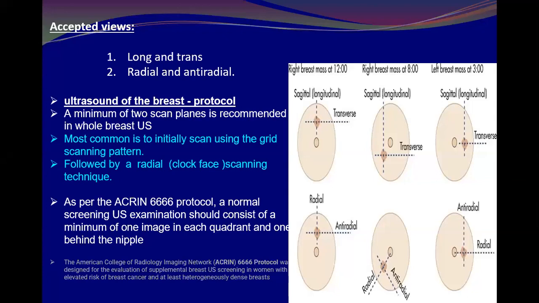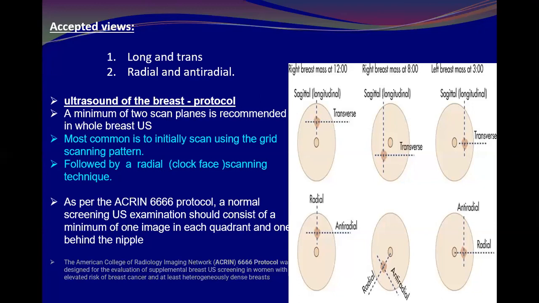Okay, and for the ultrasound of the breast protocol, a minimum of 2 scan planes in the whole breast is recommended. It is most common to initially scan using the grid scanning technique, followed by radial and antiradial technique.